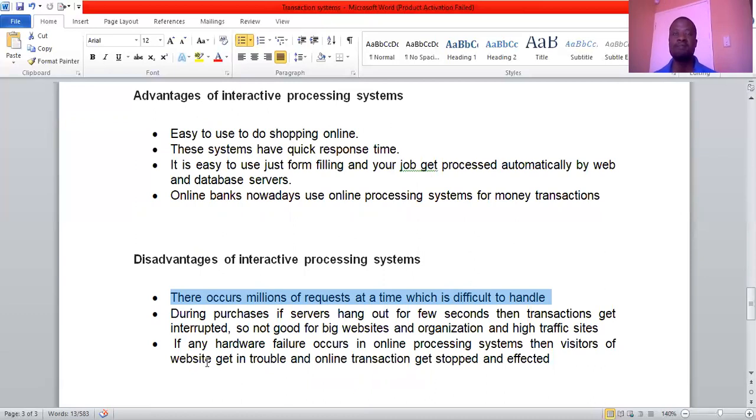It becomes difficult for the system to handle, because with the interactive processing system everything is done right on the spot. Everyone is requesting the system to process their own request, and this gives problems to the system.